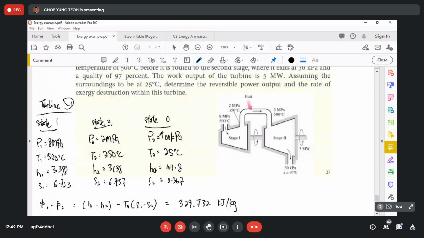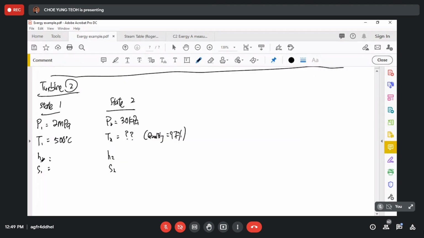So let's find this first. 2 megapascal and 500. Okay, then state 2, I think we have to do together.